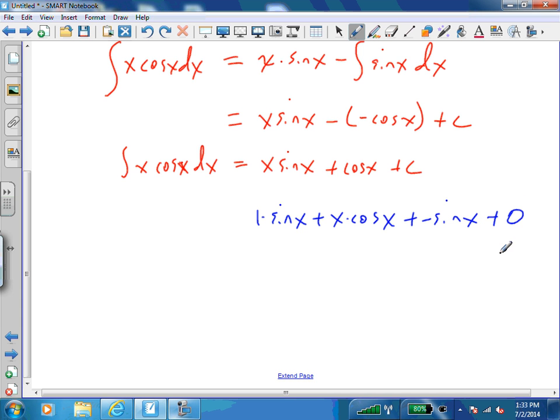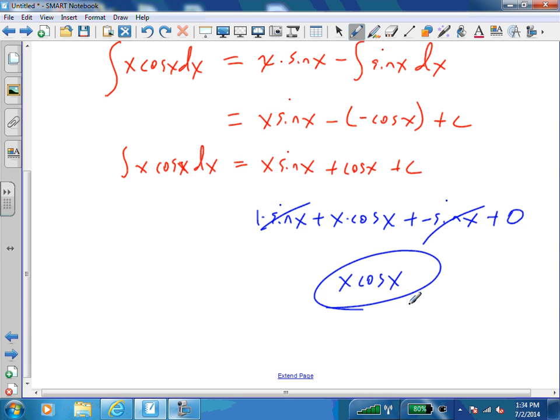So what happened to our sines? They cancel. So what we got for our answer is the function whose derivative is x cosine x.